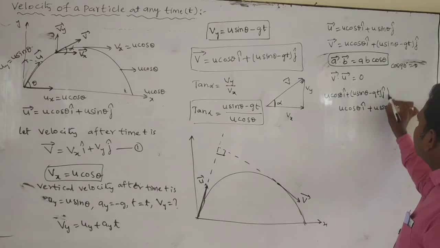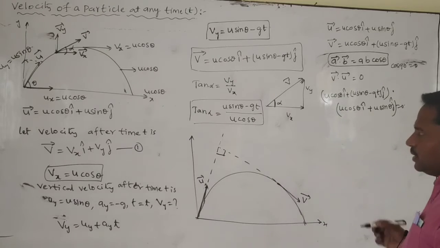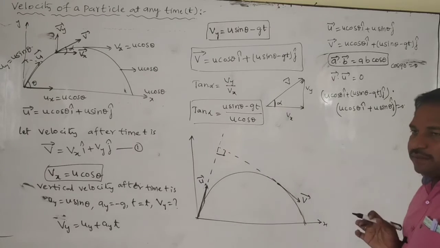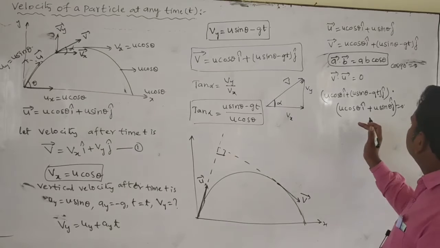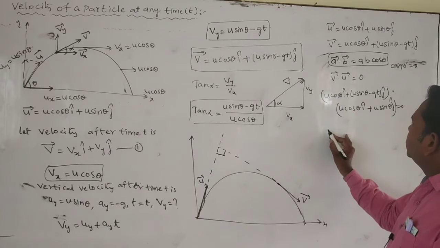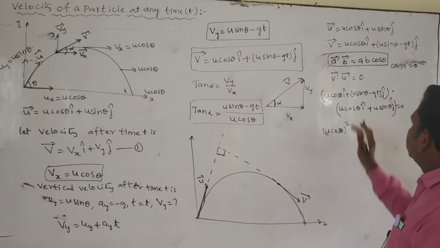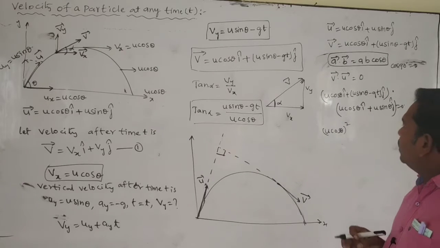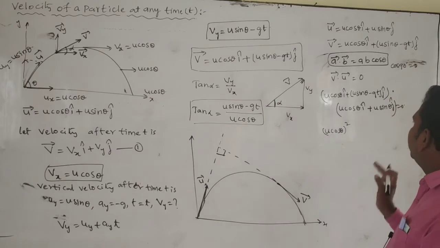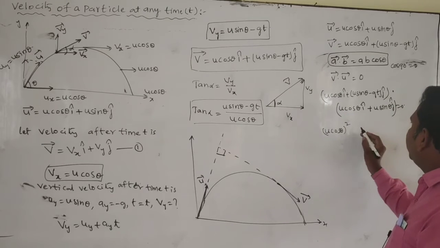Now we take the dot product. i dot i is 1, so we write (u cos theta) whole square. i dot j is 0, j dot i is 0, and j dot j is 1.